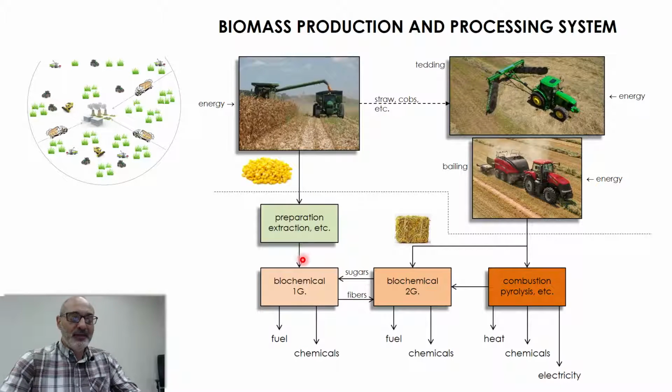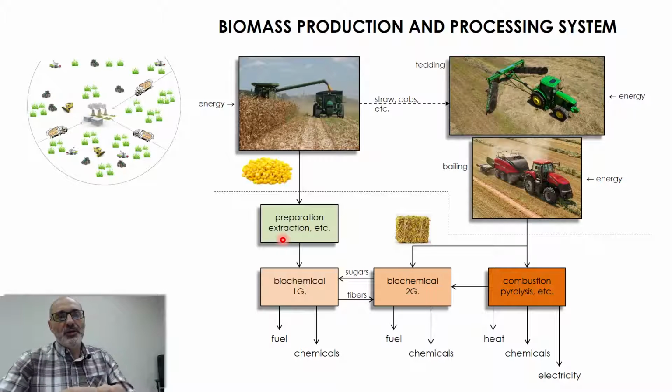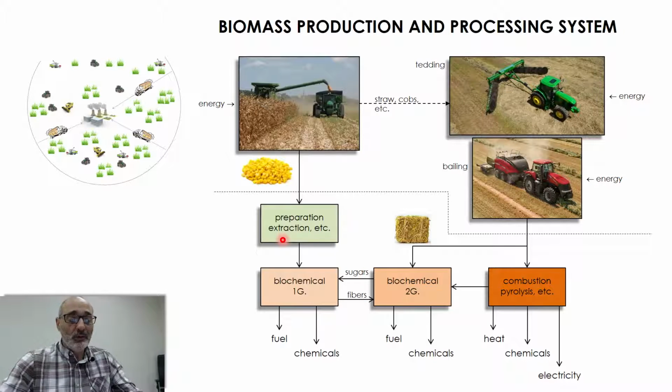So in terms of the processing, from a historical perspective, the first ones are what we call first generation. 1G stands for first generation. You get this feedstock, let's say corn grains, and you can have some preparation operations. In sugarcane, for instance, extraction: you have to extract sugarcane juice from bagasse, and for that you have to reduce size and have a certain proportion of open cells and so on.